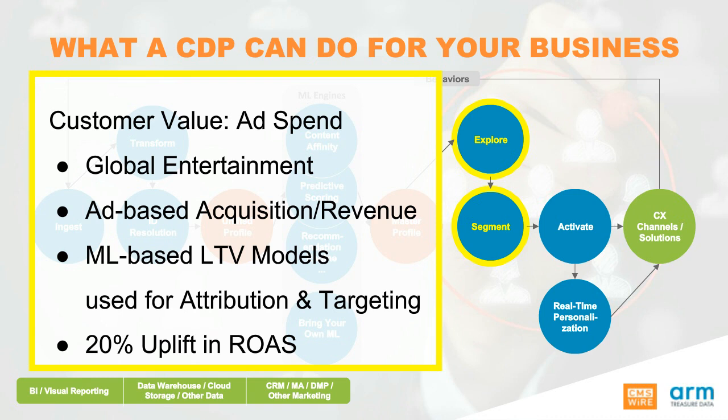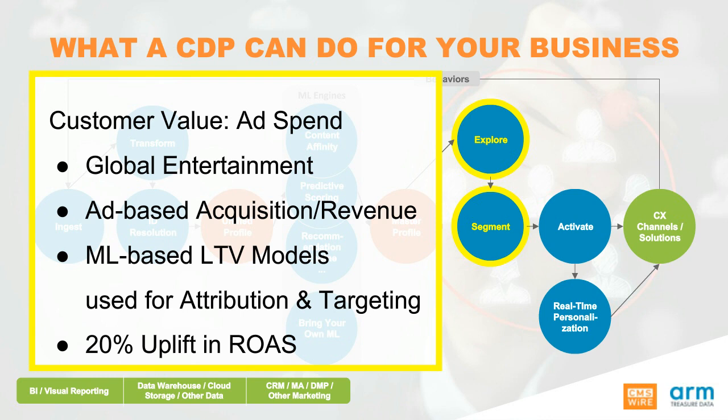Good example here is an entertainment company that we've been serving for quite a few years now, and they are very heavily focused on advertising, both in terms of how they acquire their users as well as how they act as a publisher and generate revenue off of ads. In their case, they have been using machine learning-based models to look at lifetime value prediction for the users they're acquiring.